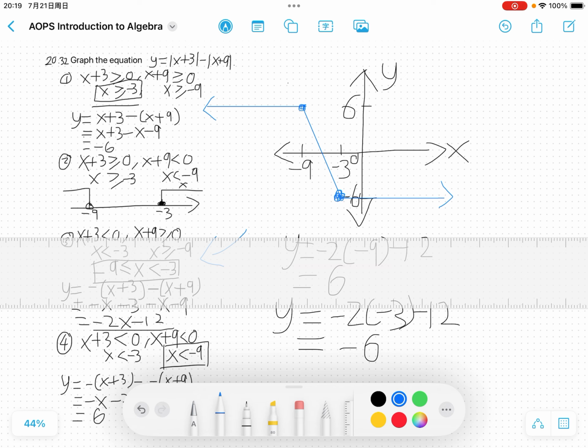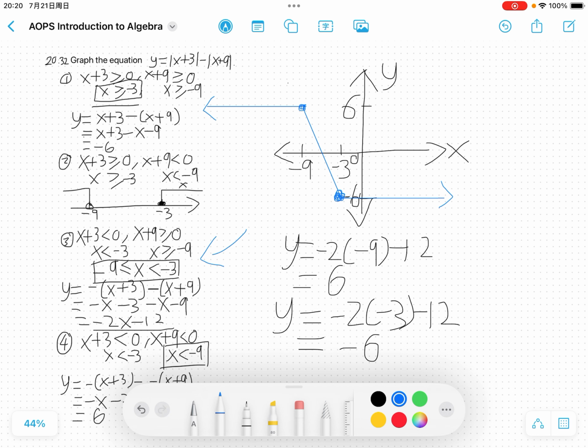This point can be an actual dot, because when x is equal to negative 3, y is negative 6. So this is our graph, and the tricky part is the casework. You have to be really careful with the calculation.